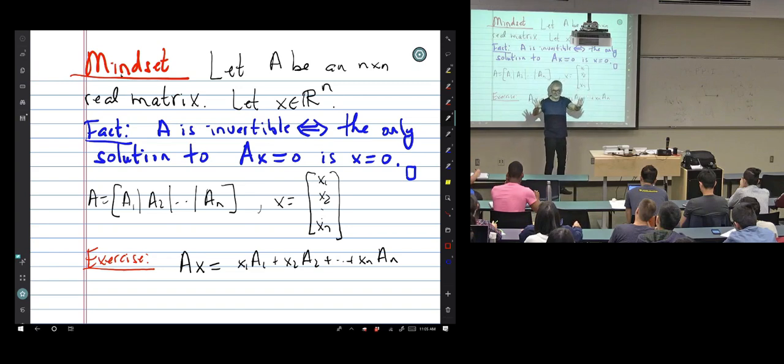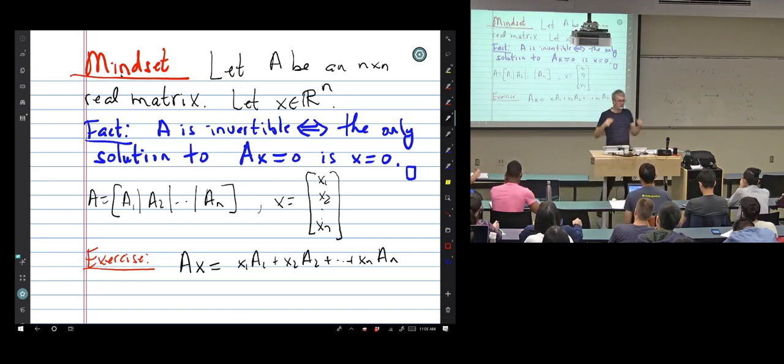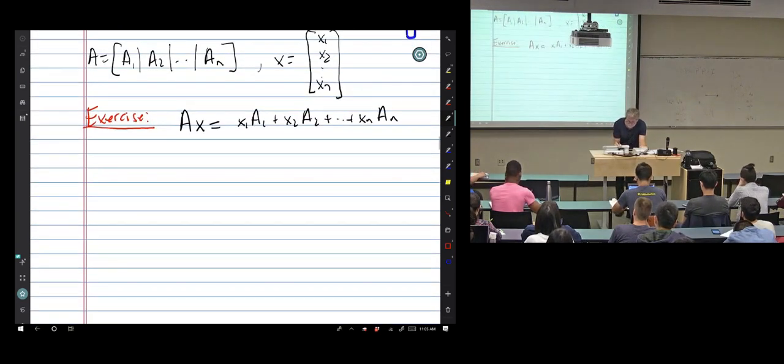That's what you are asserting, even though you weren't thinking about it that way. This is just mindset. I'm going to make a definition, and then I think you'll see the connection.